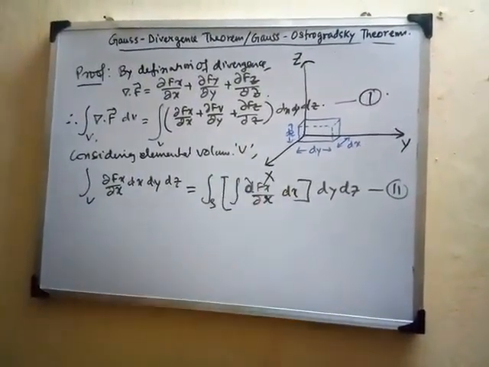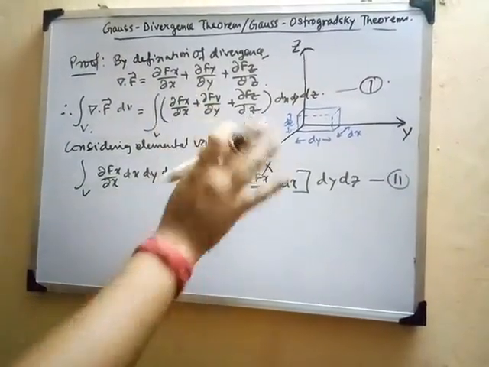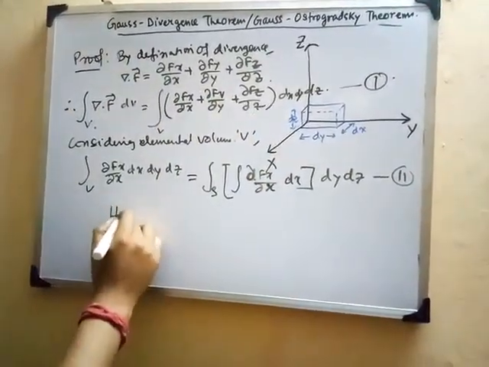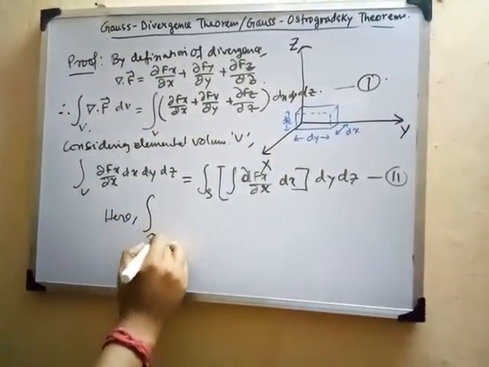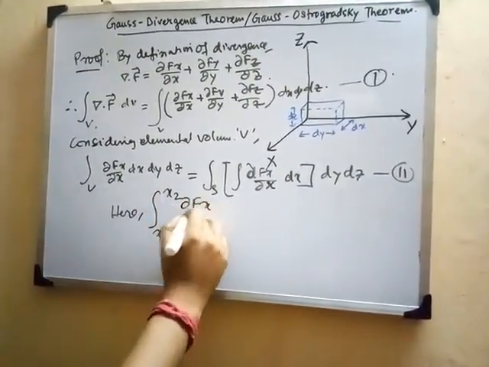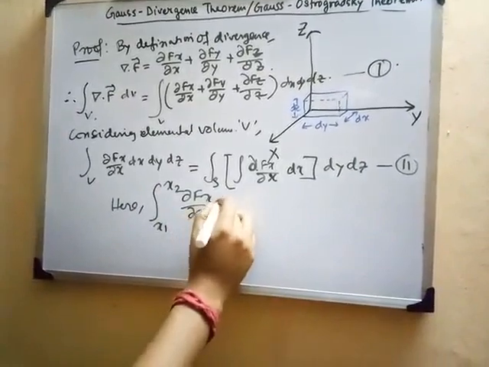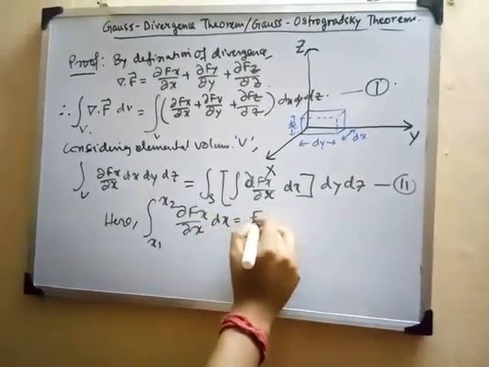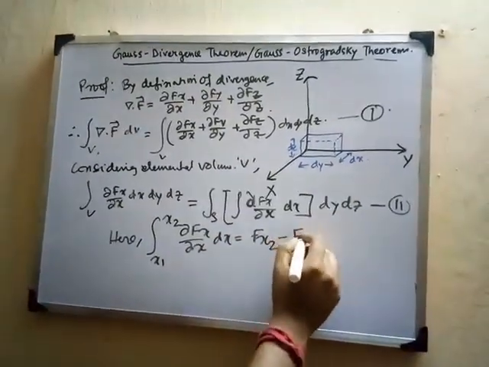So similarly in the other directions. From here we can also write, from x1 to x2, the integral of del fx by del x dx equals fx2 minus fx1.